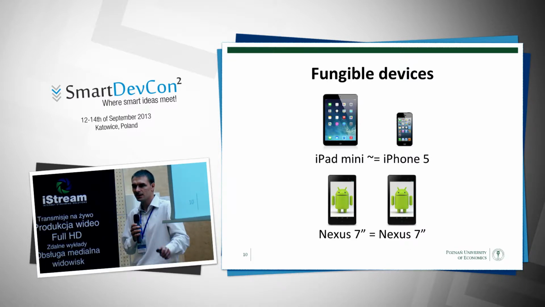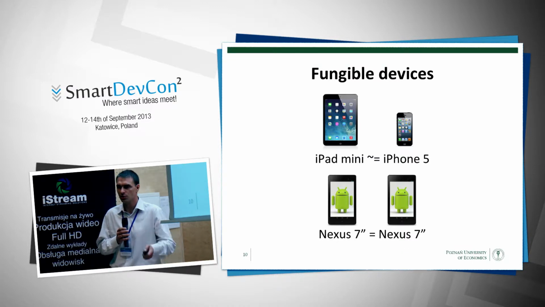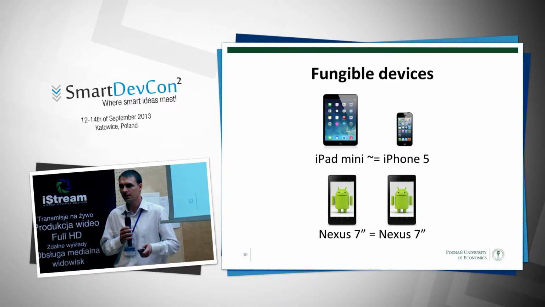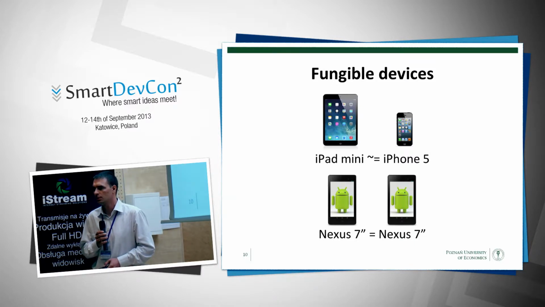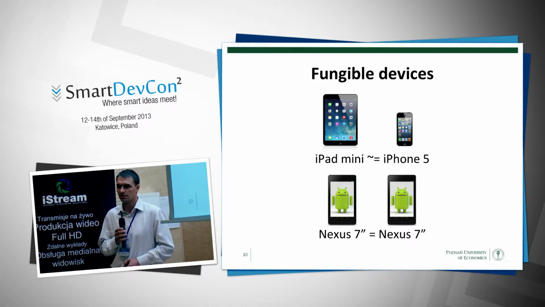But such fungibility is possible only in closed environments, in corporate solutions, in industrial developments, where you can control what devices are used by your users. Then you have truly fungible devices, and you have the platform to provide your functionality on every device.